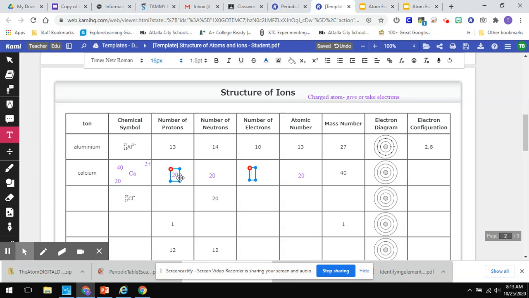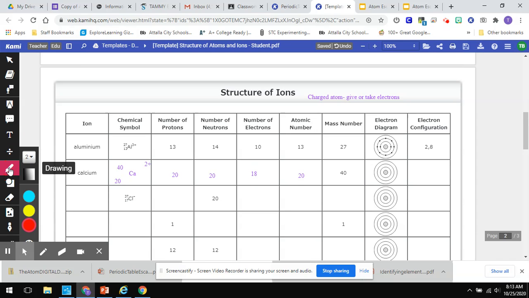So if I'm going to have 2 more protons, we'll have 20 protons. Well, 2 less than that would be 18. So my electron count will be 18. So when I go over here to diagram my electrons, I have 18 electrons, so the first orbital will have 2. The second orbital is full at 8, and I'll need all 8 because those 8 plus 2 is 10.